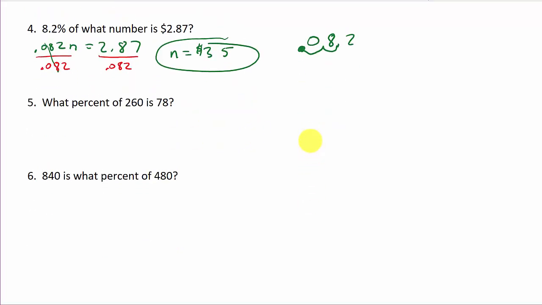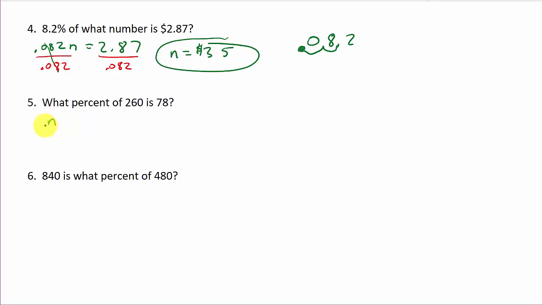All right, so let's look at this one. What percent of 260? So what percent? So that's what we're trying to find, the percent. So we'll call that n, that's the number we're trying to find, or percent, it doesn't matter. And look, this variable here, you can let it be x, p, n, s, it doesn't matter.